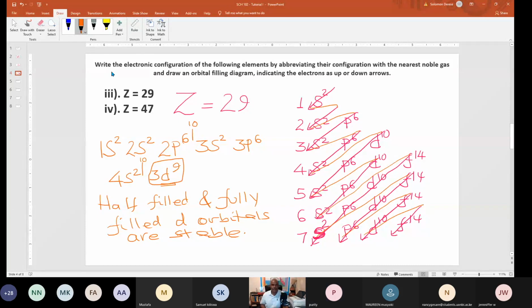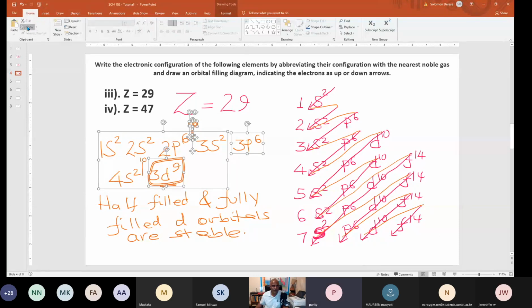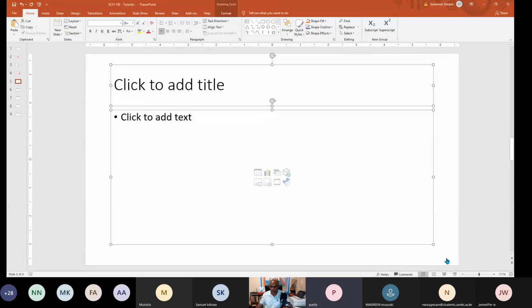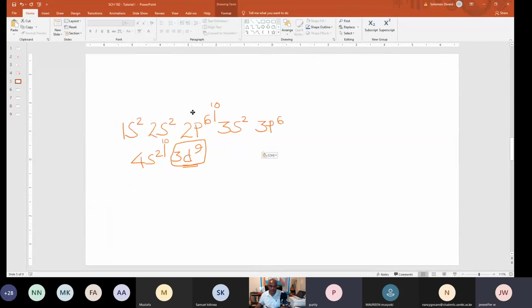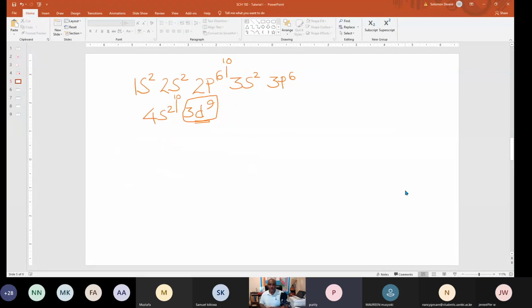As a result, we can promote one of the electrons from the 4s2 to the 3d, so that we have a 3d10, which is a completely filled D orbital.